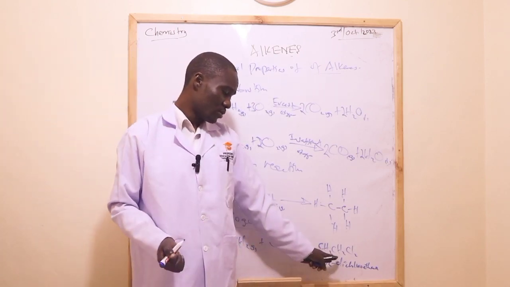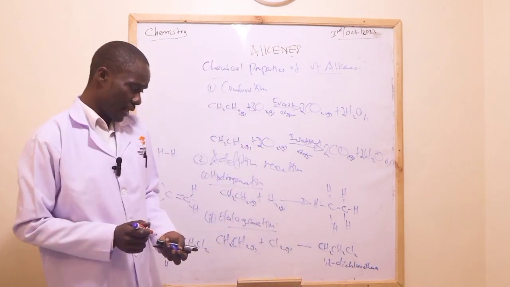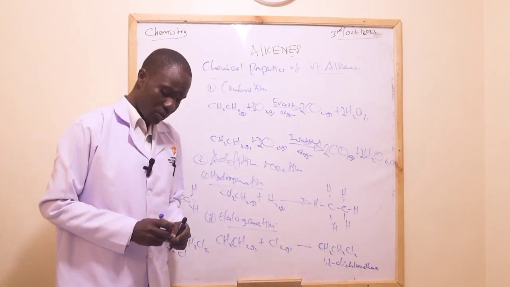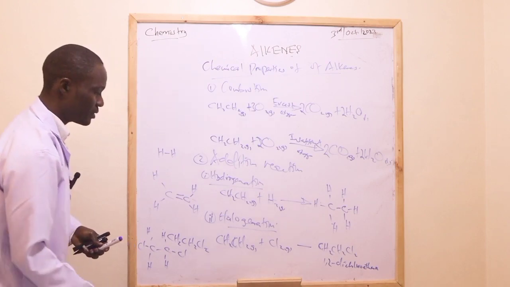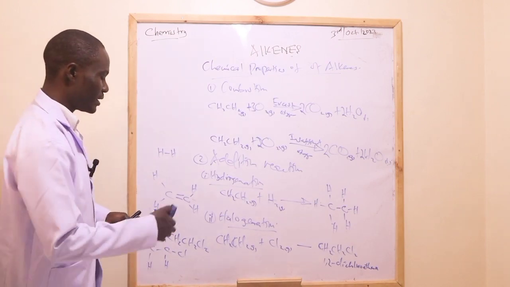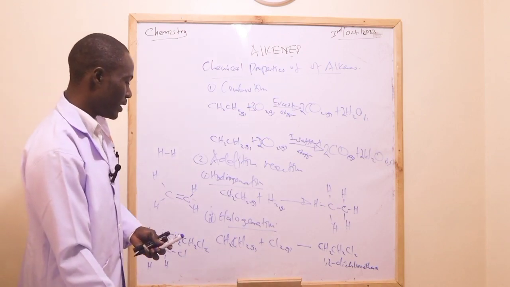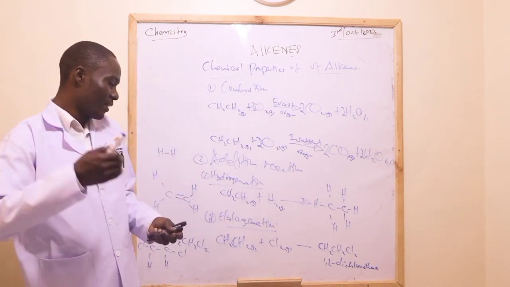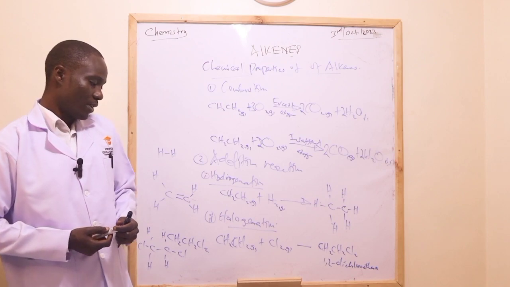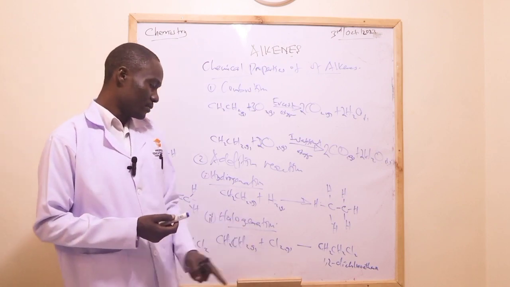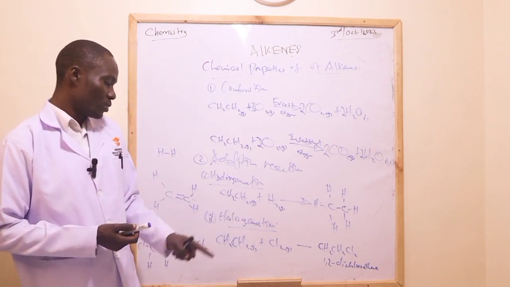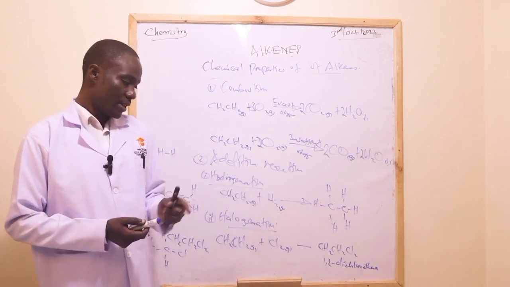It is written molecularly in this case as CH2Cl CH2Cl. So that's what happens. That is just an example of halogenation. The same happens with the other members of the halogens, including fluorine, so that it can form 1,2-difluoroethane.